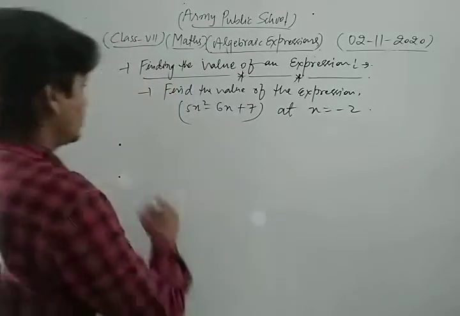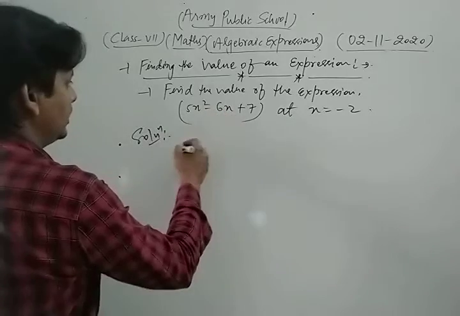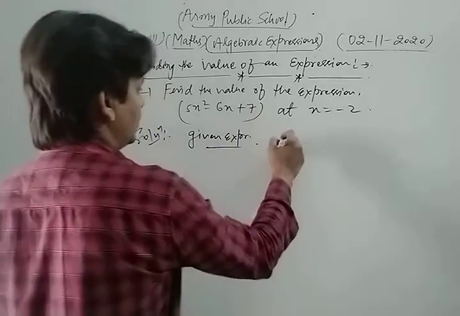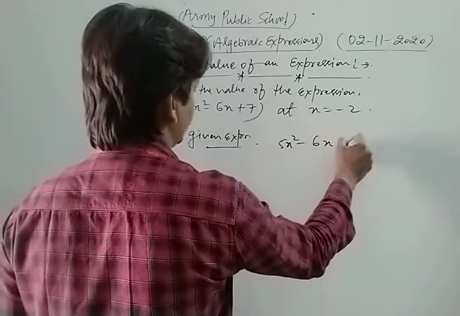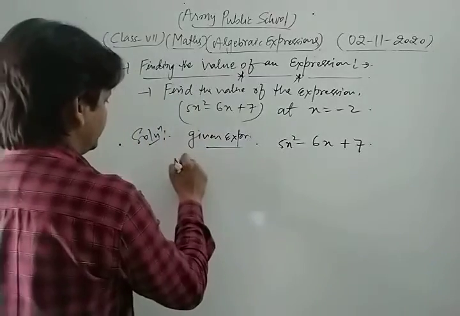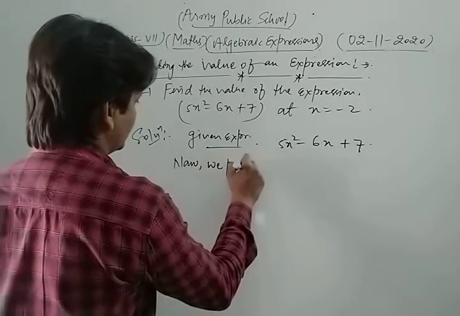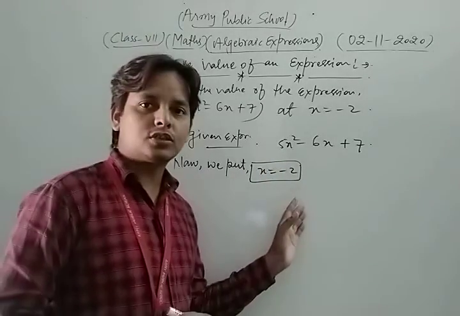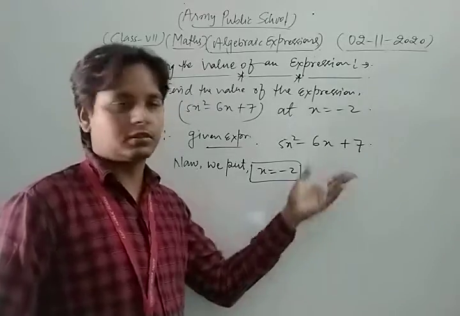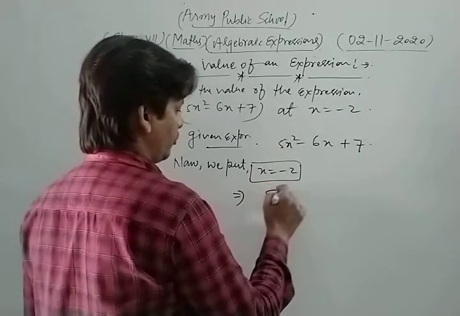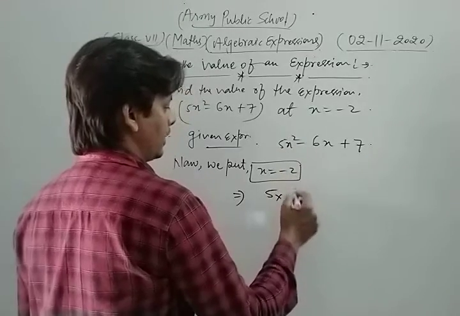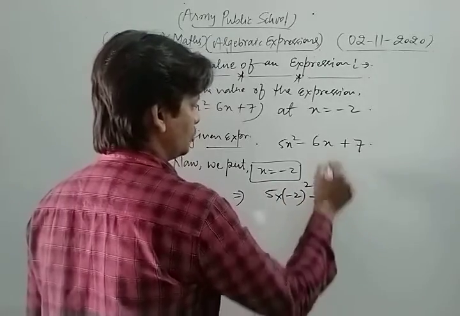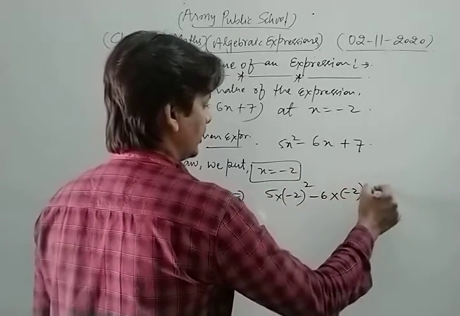Let's see the solution. First of all, we write the given expression as 5x square minus 6x plus 7. Now we put x equal to minus 2 in the given algebraic expression. So we get 5 into minus 2 square, minus 6 into minus 2, and plus 7.